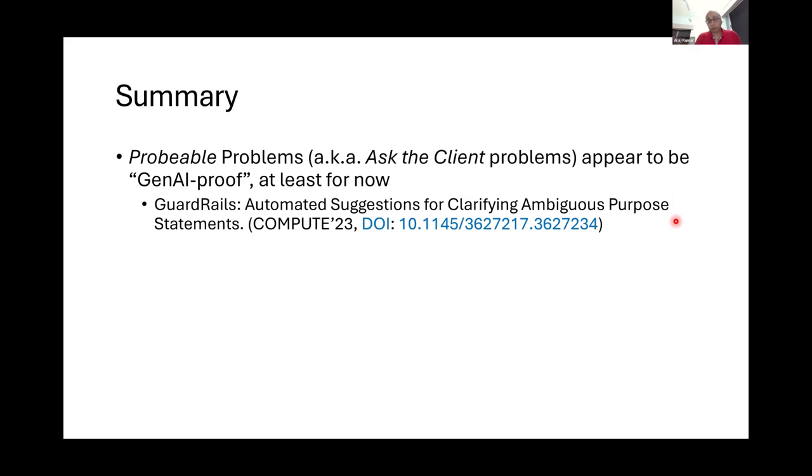And this could be very useful, of course, to developers in the real world. As we've said, real world problem specifications are often missing details. So a tool that helps the developer surface those kinds of questions, which can then be given to the client or to others who are interfacing with the client, that might be very useful.